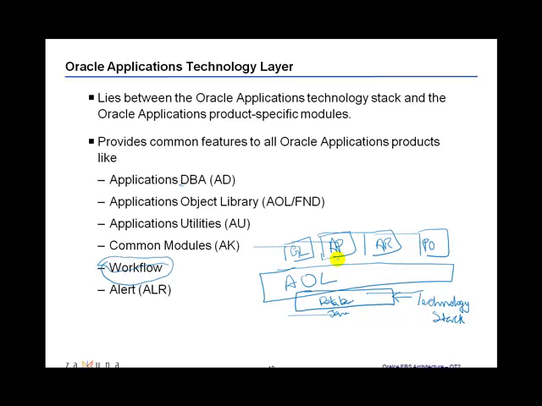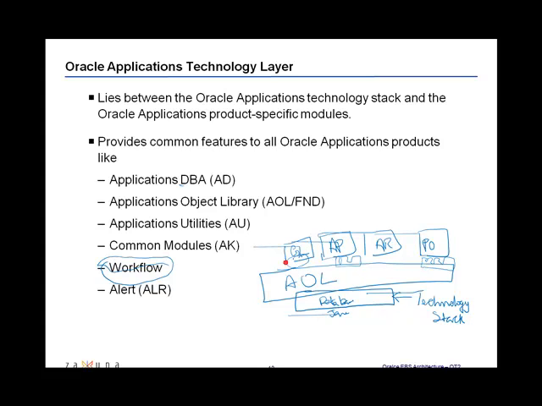For that, it'll be using a workflow to route it through a set of predetermined folks or managers, depending on some business rules, who would need to approve before that AP invoice can be approved. Similarly, when a purchase order is created, the organization might want to have a set of business rules that it wants to validate and check before that purchase order can be approved.